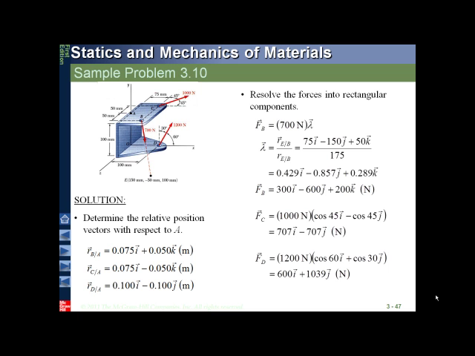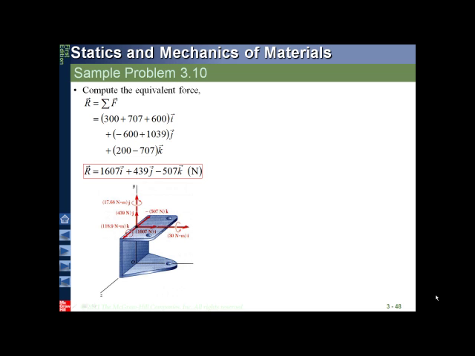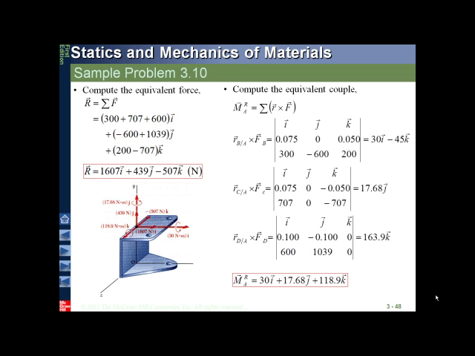So you've got the position vectors and you've got the force vectors. You can add up all the forces, i, j, k, just in a scalar fashion. You get the resultant as shown. As far as the moments go, again, you take the cross product, or vector product, of the position vector times the force vector.